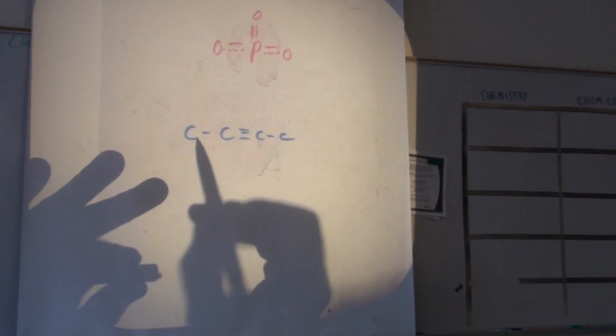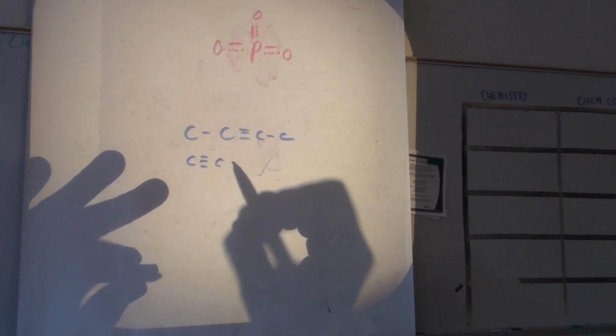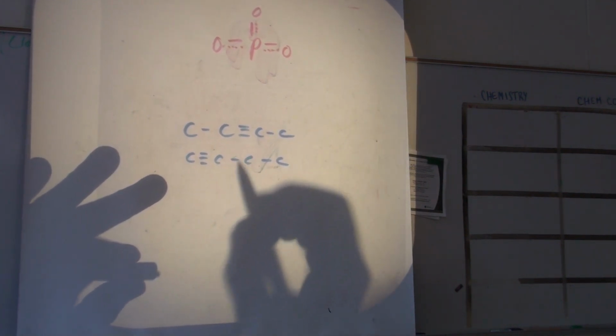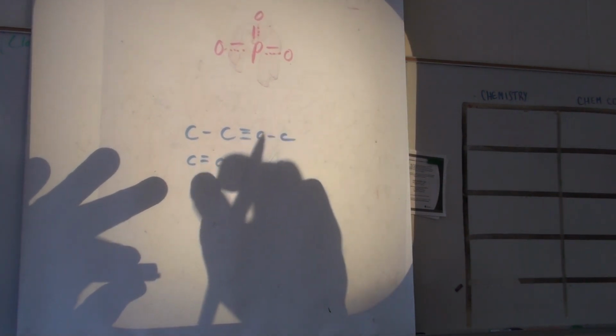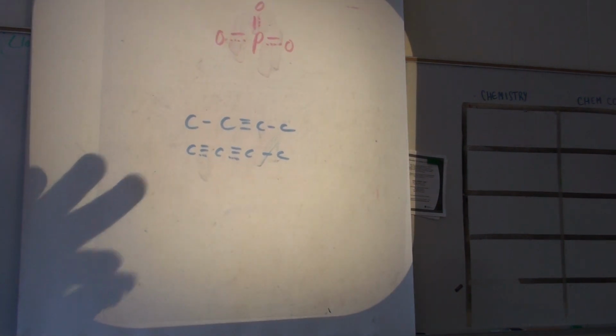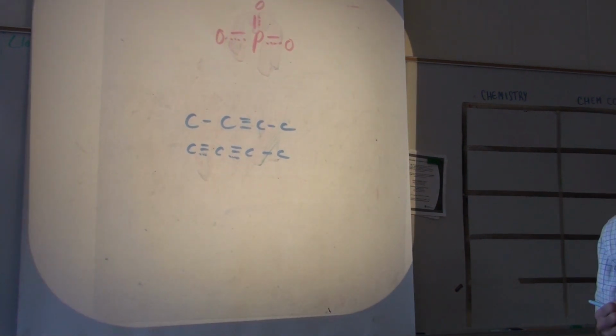Where sometimes the triple bond can flip over here. And then you would draw it something like this. But they're pretty rare, and I didn't completely draw that structure either.